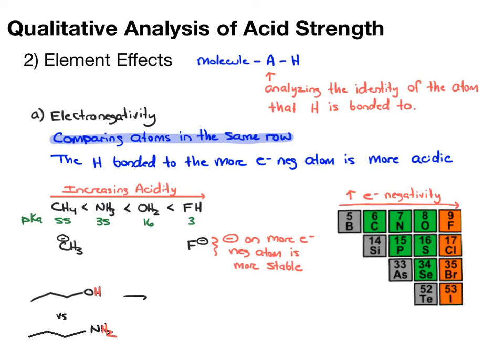But now, draw the conjugate base for each: here's O minus and N H minus. Which negative charge is more stable? The negative on the nitrogen or the negative on the more electronegative oxygen? That's the more stable conjugate base. Because the conjugate base is more stable, the acid that it came from is the stronger acid.